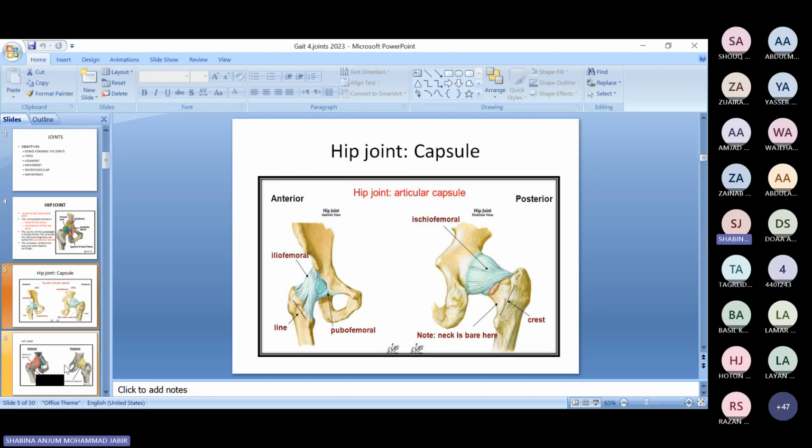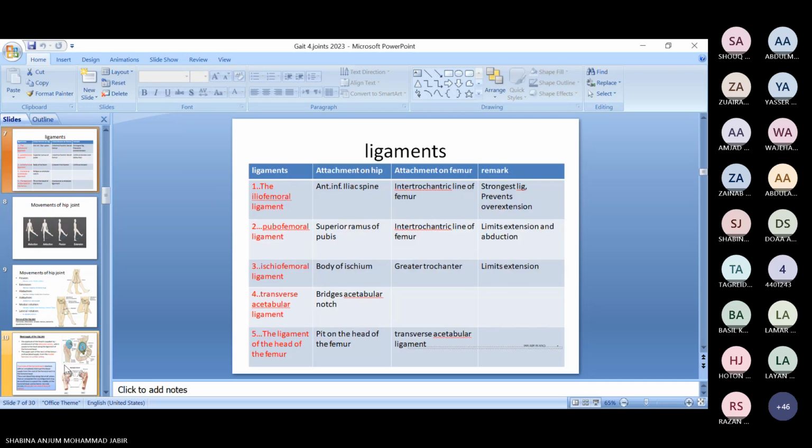As we have three parts of the hip bone, ilium, ischium, and pubis, in the same way we have three ligaments: iliofemoral, pubofemoral, and ischiofemoral. Then we have the transverse acetabular ligament and the ligament of head of femur.